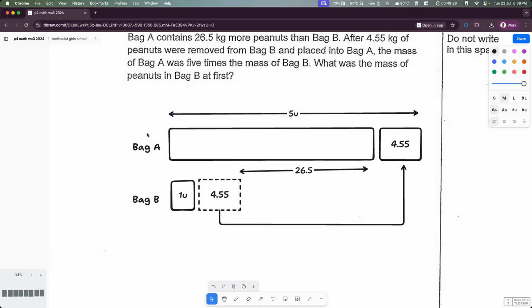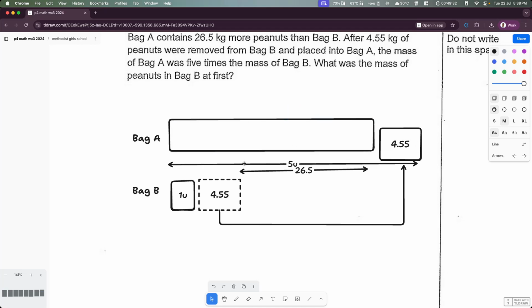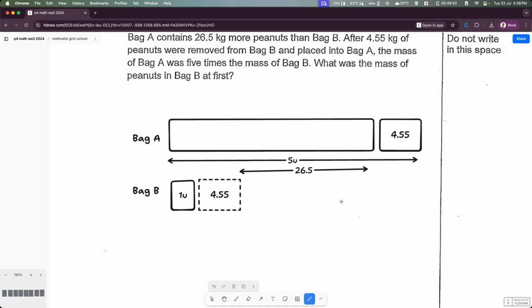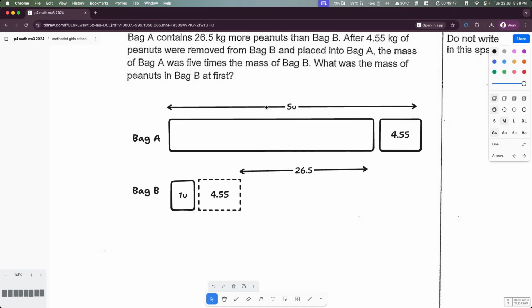I'm going to make a bit more space. If this 5 units is over here, I'm not going to put this anymore because we already know this. The 5 units is the whole thing.